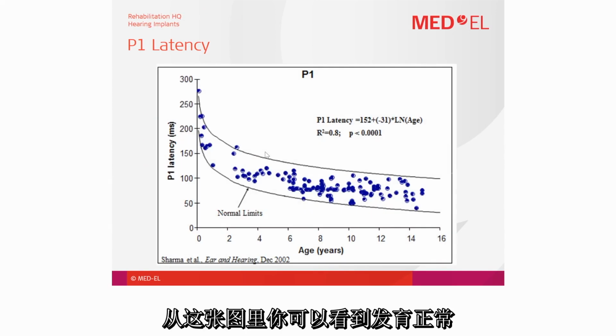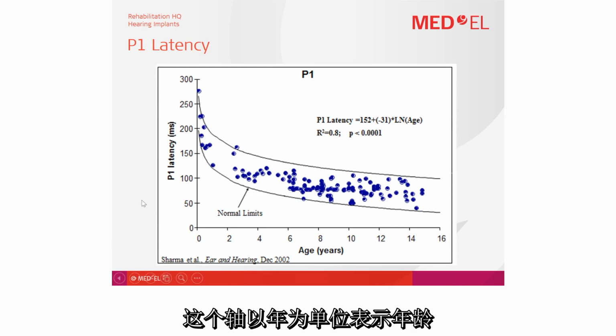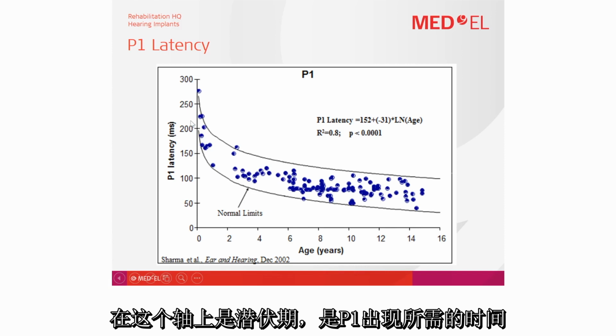So this graph shows what that looks like in typically developing, typically hearing children. So along this axis you see age in years, and up this axis you see the time, the latency, the time it takes for that first peak to happen.